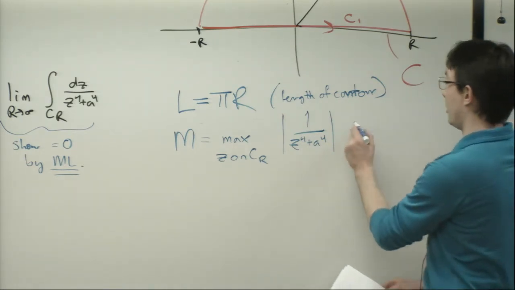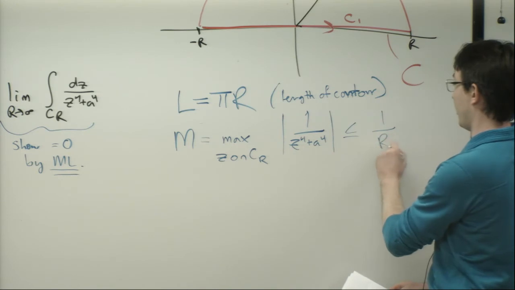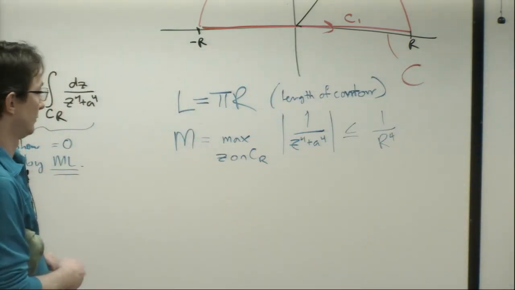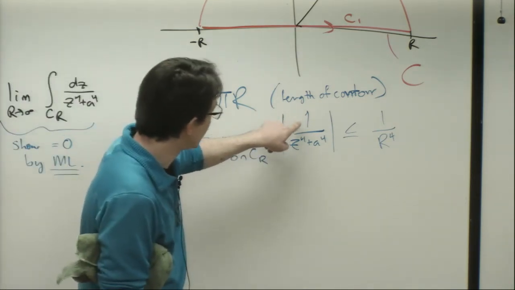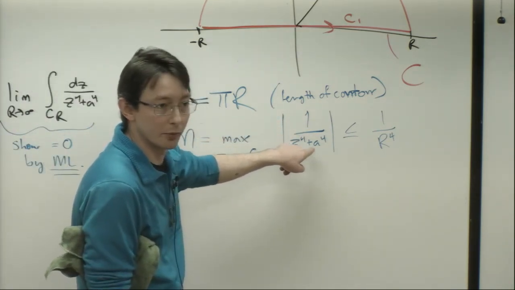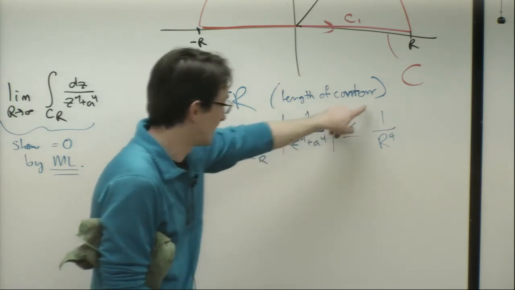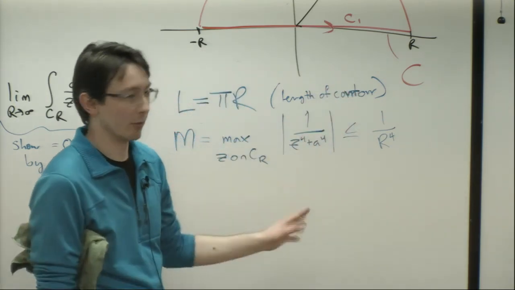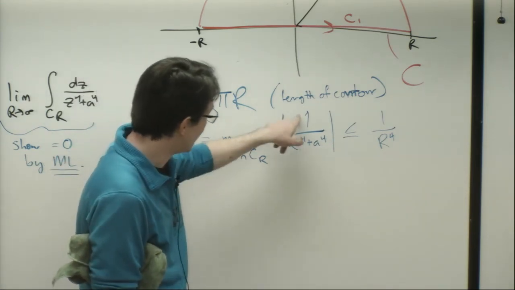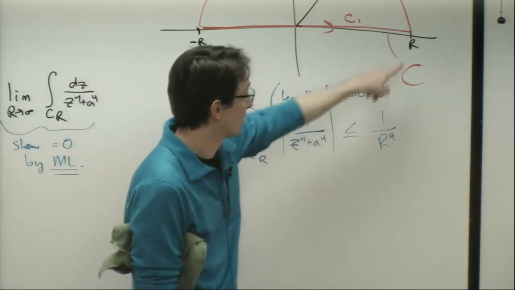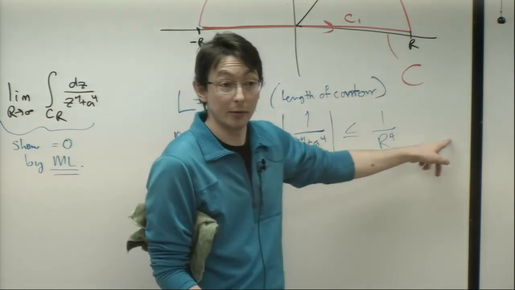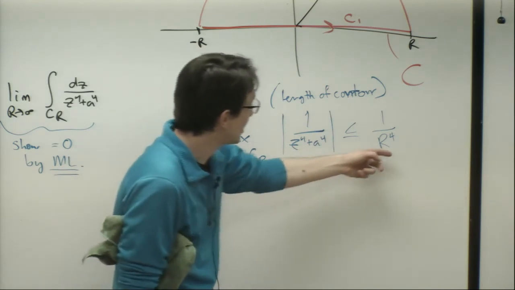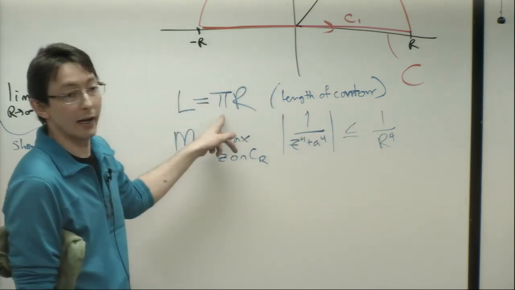And this is always smaller than or equal to 1 over r to the fourth. Like if I take 1 divided by r to the fourth plus 5, it's always less than 1 over r to the fourth. Basically what we're doing, but in the complex plane. So if r gets really, really big, my function gets absolutely minuscule. And my function gets smaller faster than my curve gets longer.